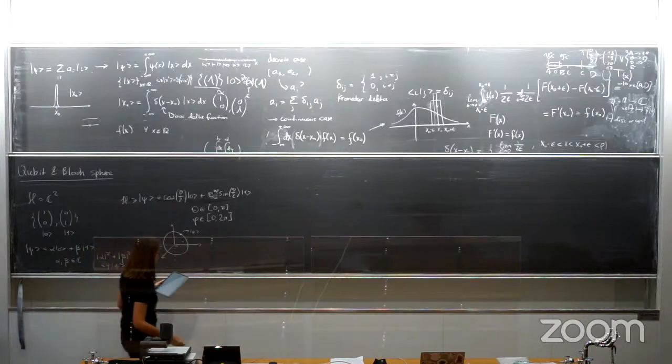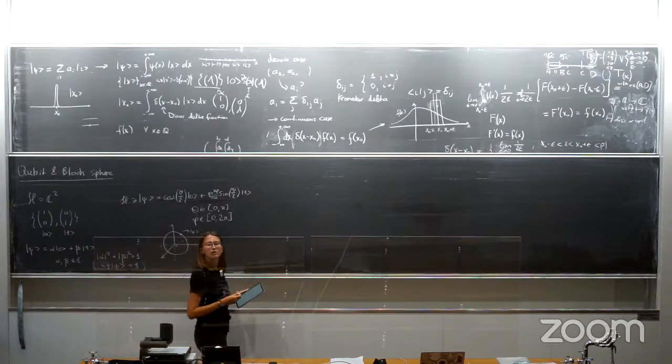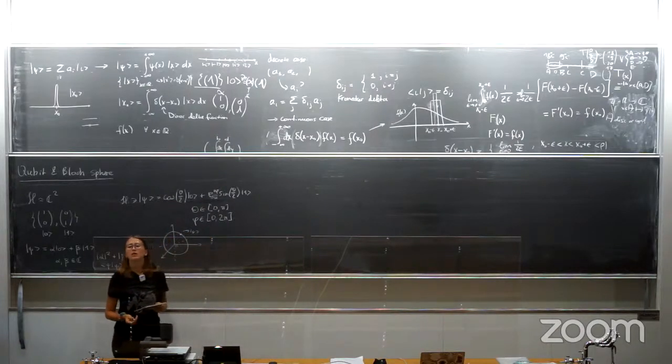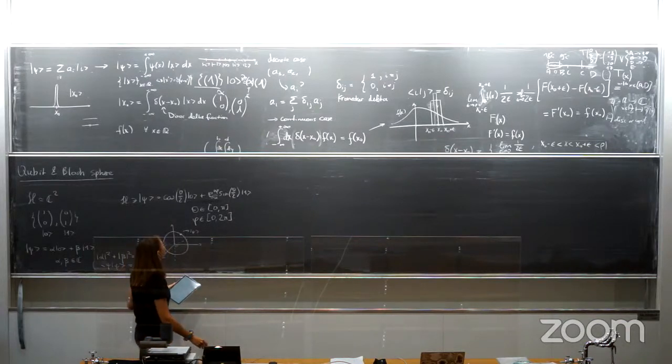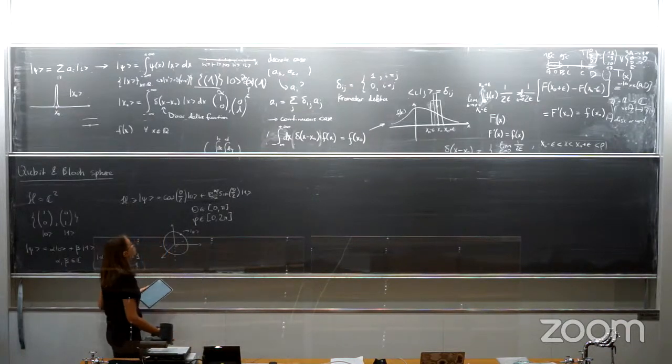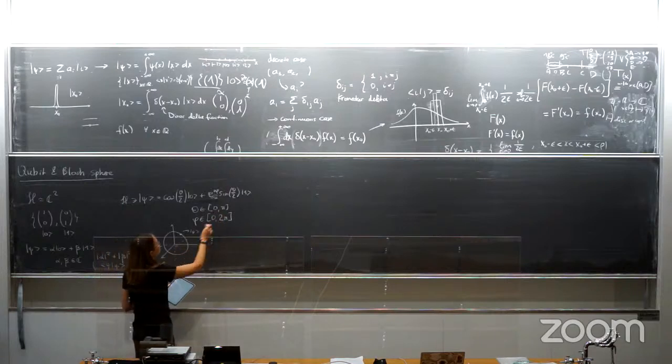So, is there a question? Yes. So for the range of theta and phi, do we actually include pi or 2 pi respectively? The question was whether we include pi and 2 pi into the range.